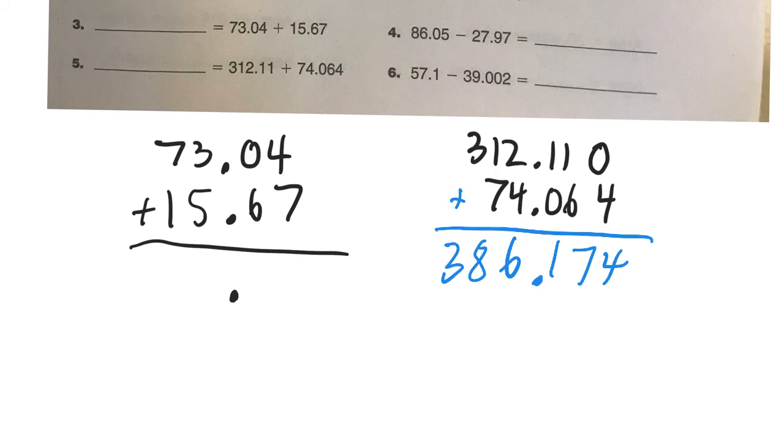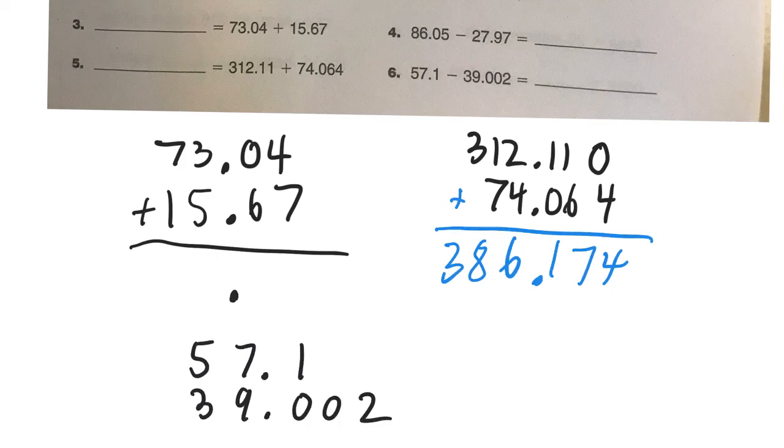Now for subtraction, again, same thing. Line up your decimal points. Number 4, I think you can get on your own, so I'll do 6 as an example. We have 57 and 1/10, and we also have 39 and 2 thousandths.